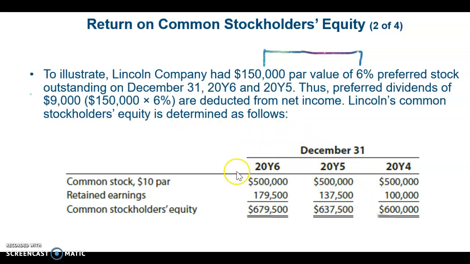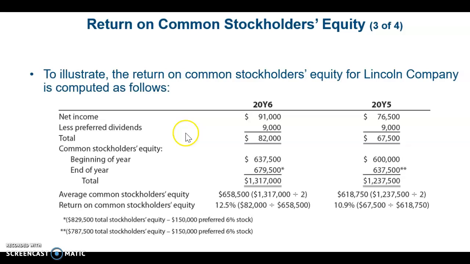Okay, and then here is the common stockholders' equity. It's your common stock plus your retained earnings. That's how you get your common stockholders' equity. So the key word in this is common. So you take net income, subtract out your preferred dividends, and that will be the 82,000 will be your total.